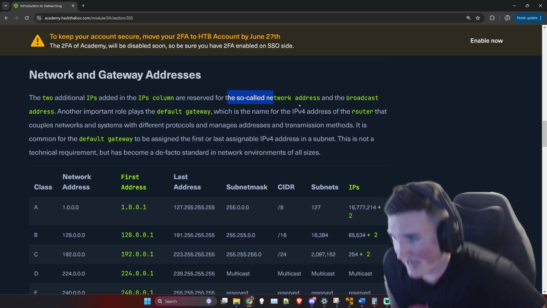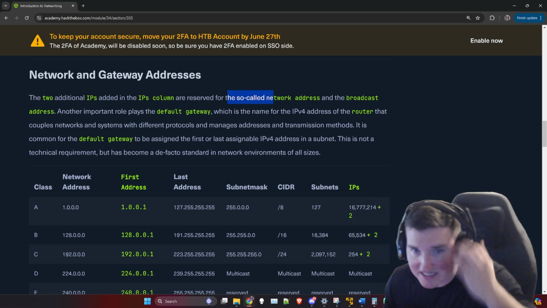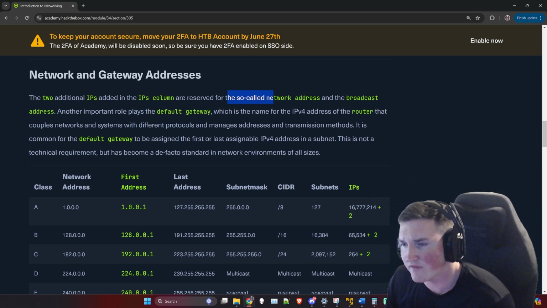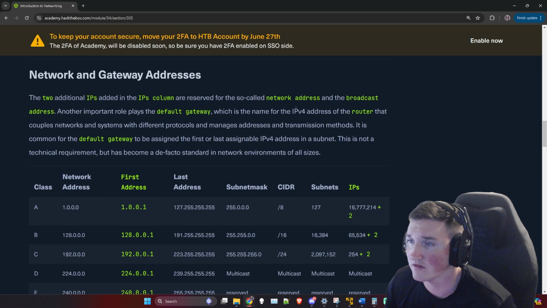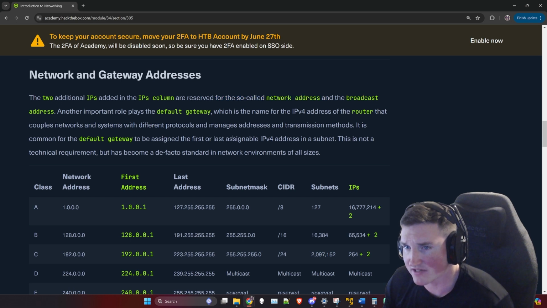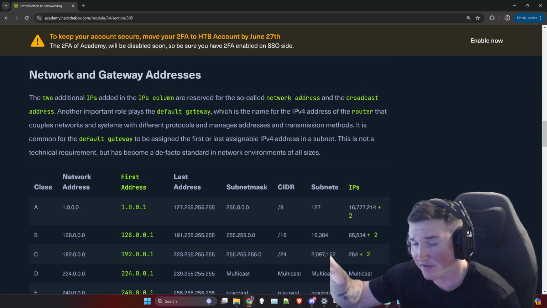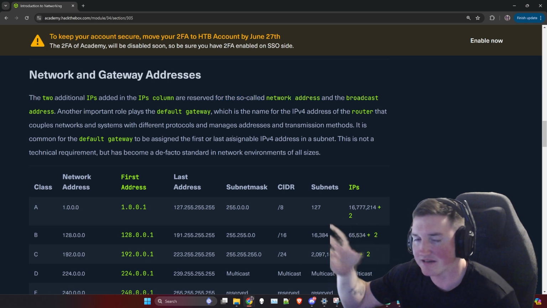So what you're going to see is that 255 number. That 255 number is actually higher than that, but only 255 are routable. So what you'll see here is they have the network address and broadcast address. So every time you plan a network, let's say you need 8 hosts.